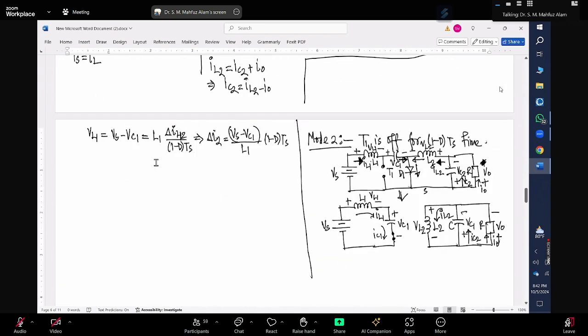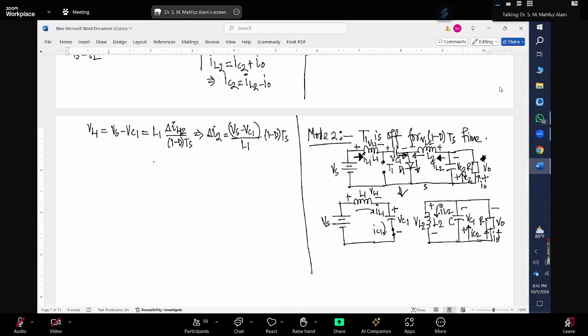Okay. So now this is your del IL2. And then what is the relationship between IL1, IC1 and IS? Your IS should be equal to IL1 and that should also be equal to IC1, right? Because all the elements are in series, right?